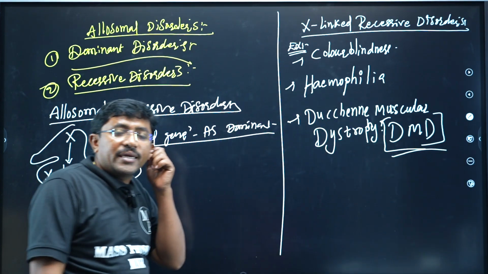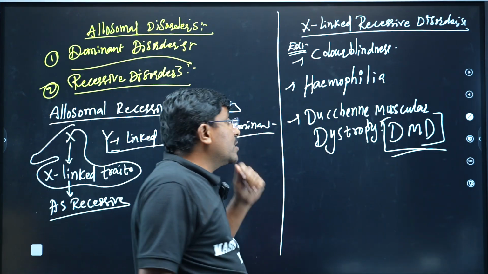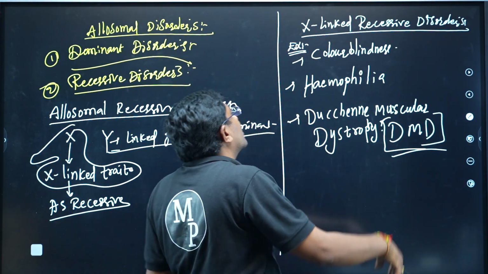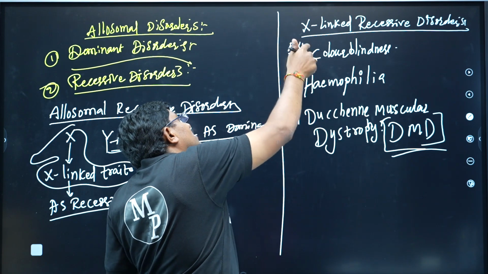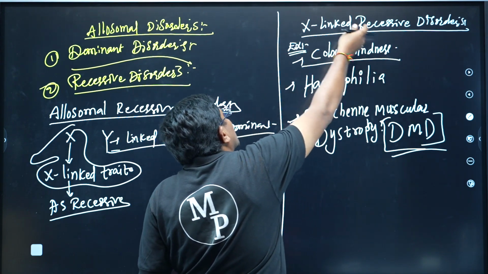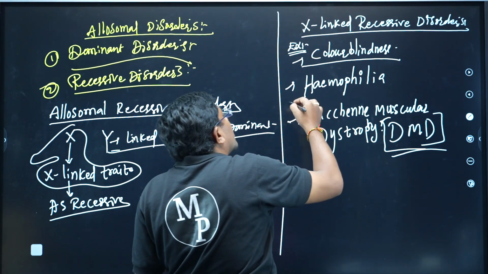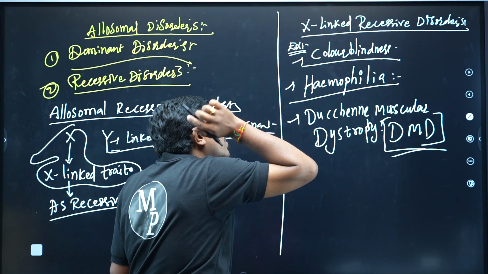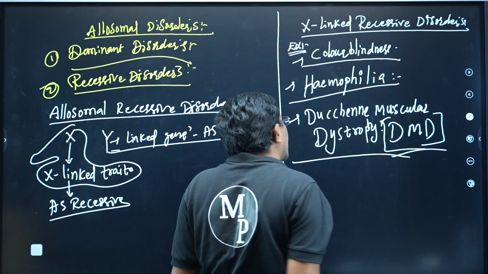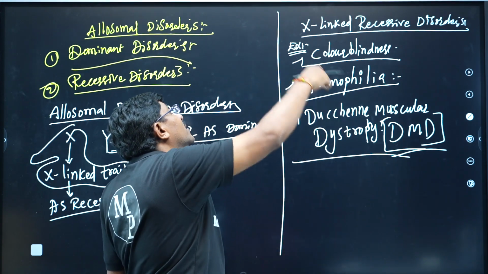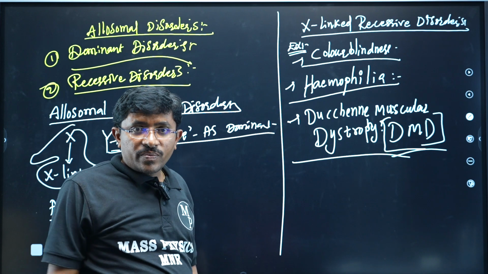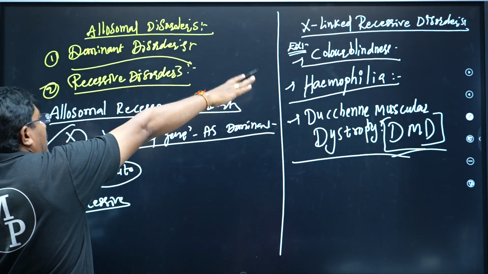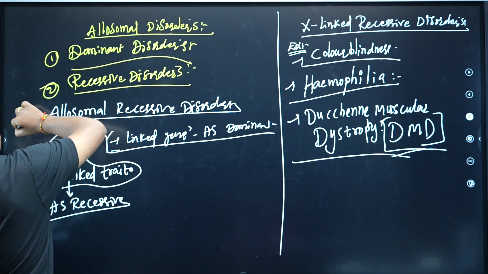So these are X-linked, meaning these genes are present on the X chromosome. The genes responsible for color blindness are present on the X chromosome, the genes responsible for hemophilia are present on the X chromosome, and DMD causing genes are also present on the X chromosome. Now we will discuss one by one these X-linked trait disorders.